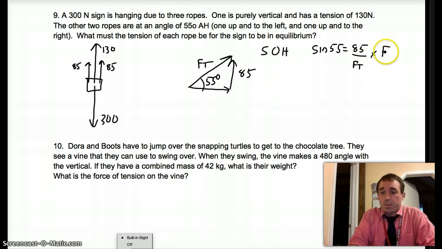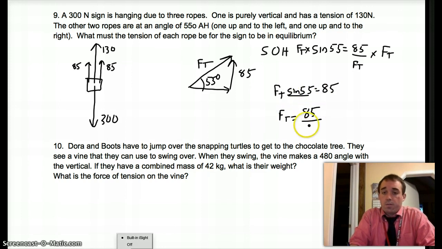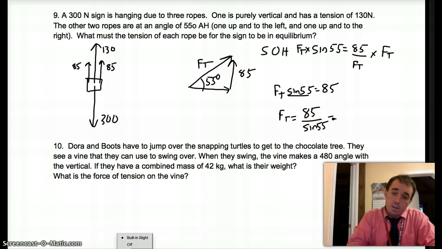The first step is to multiply both sides by FT. So you get FT sine 55 equals 85. Then the next step is to divide by sine 55. So FT is 85 over sine 55, because sine of 55 is just a decimal.